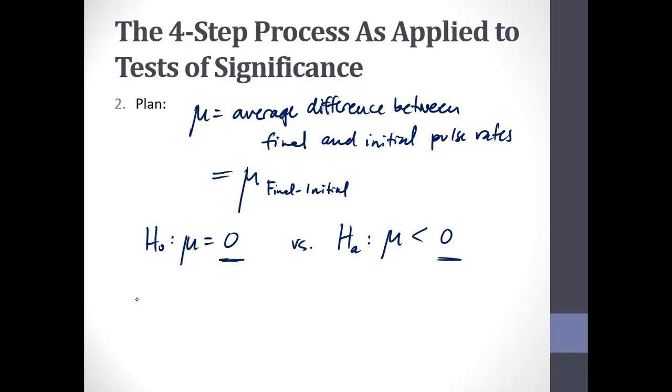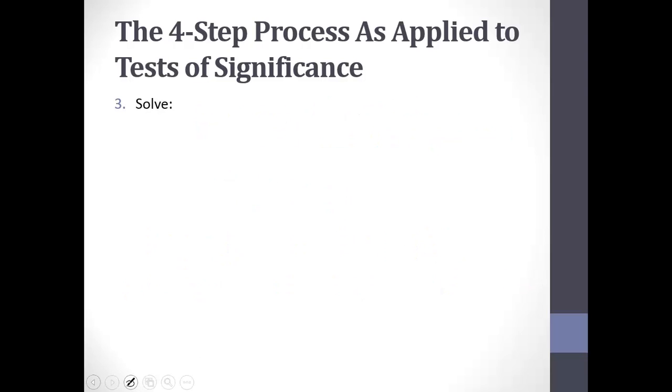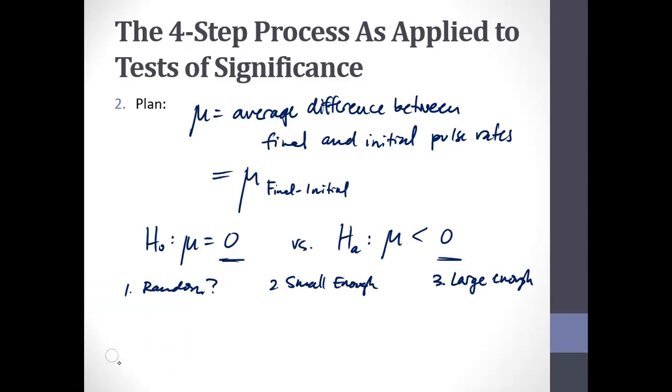So again, I can check my conditions here. Do I have a random sample? Do I have a small enough sample? And is it large enough? So again, random is stated, good to go there.